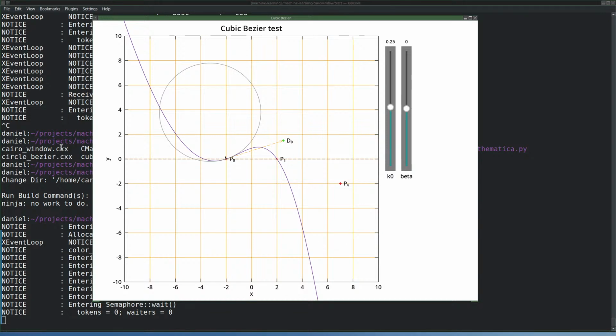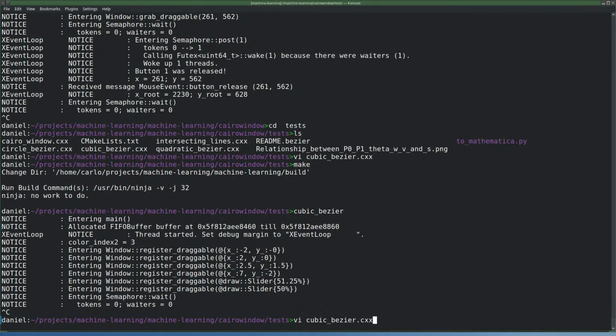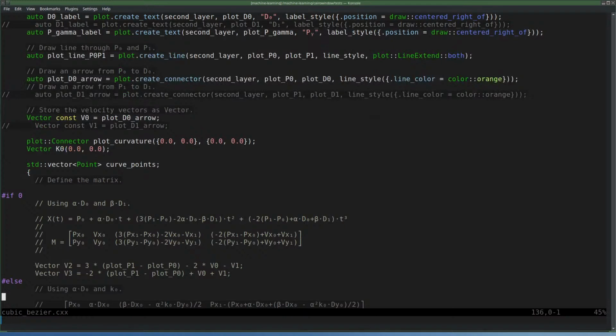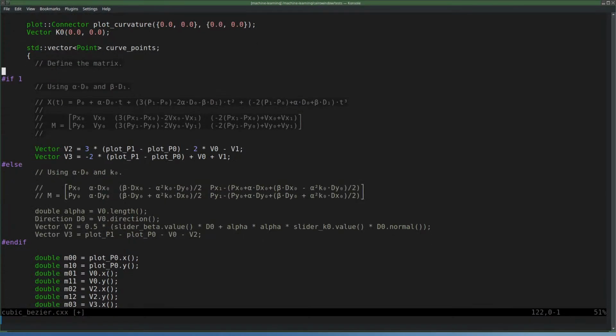But now it fulfills the curvature. Maybe it's just this one. No, this is using the two directions. Huh? Don't want that. Shit, man.